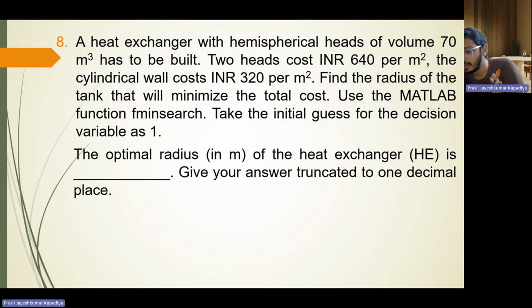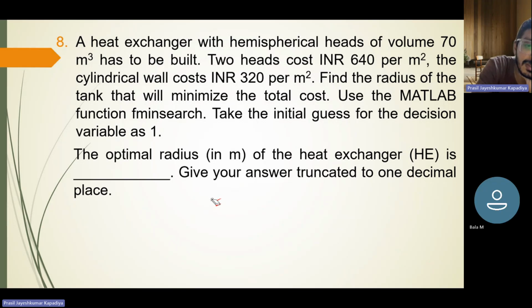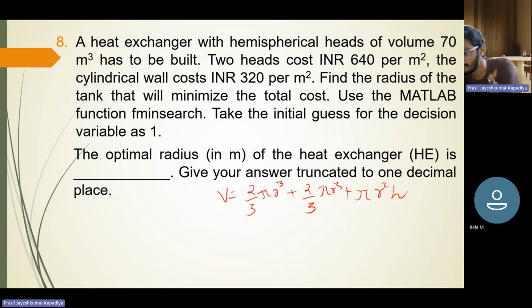Okay, so here, what is my equation? We have two hemispherical heads, right? So my volume will be equal to 2 by 3 pi r cube plus 2 by 3 pi r cube plus the cylindrical part, that is pi r square h.